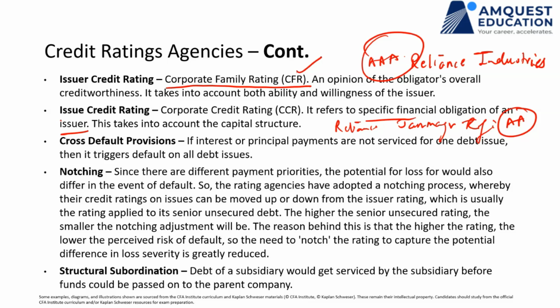But if you have given a loan to the Jamnagar refinery, you have to ensure nothing happens to the refinery, because if there is any problem with the refinery, there is no backup plan for you. There is no diversification for you as an investor. You have bet all your money on one single project, which is why projects are generally inherently riskier as compared to betting on a business.